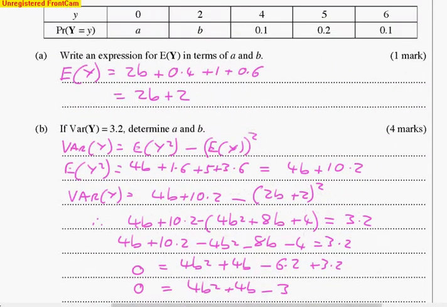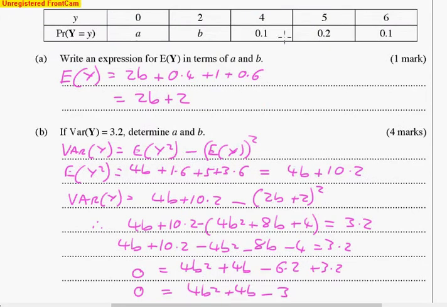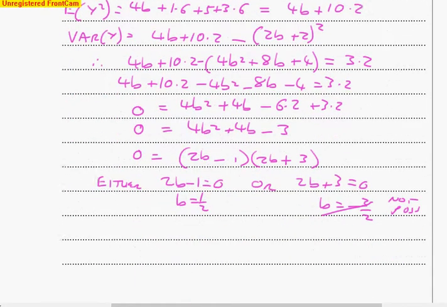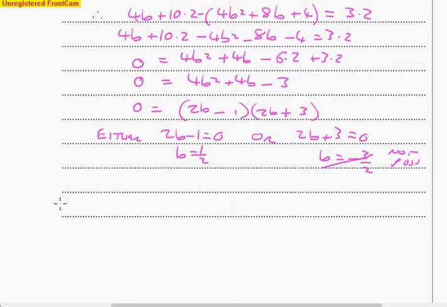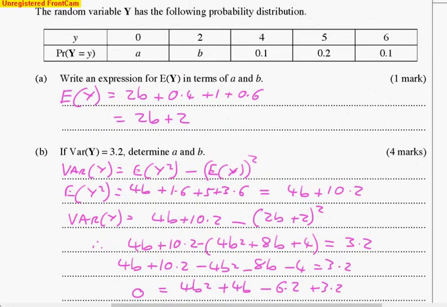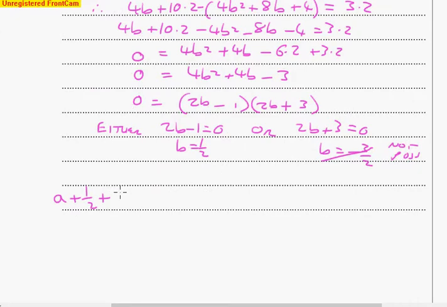Once we've got b equals a half, we can work out a, because they must just all add up to being 1. So, okay, we've got a plus a half plus 0.2 plus 0.1 plus 0.1, that must equal 1.